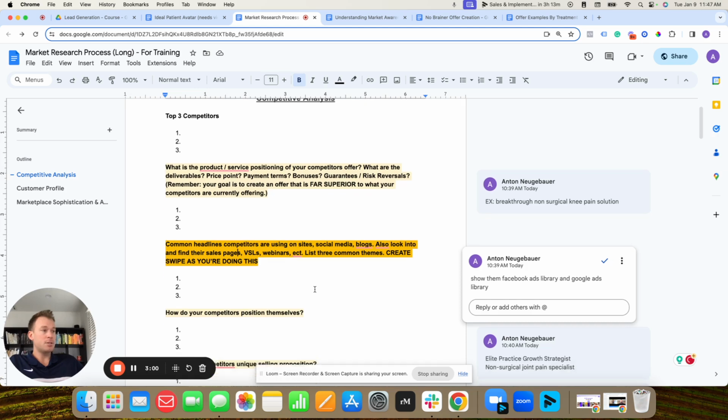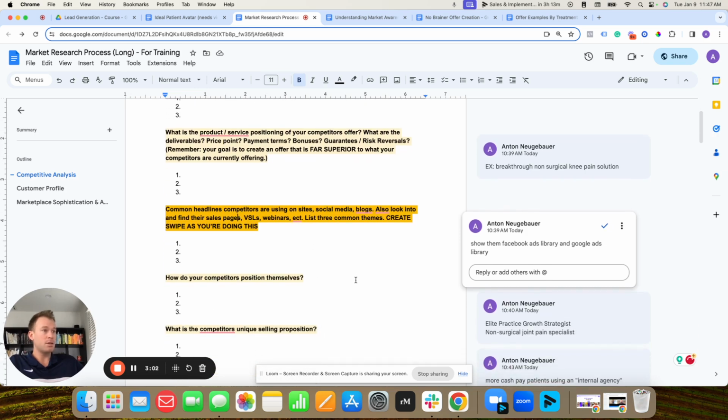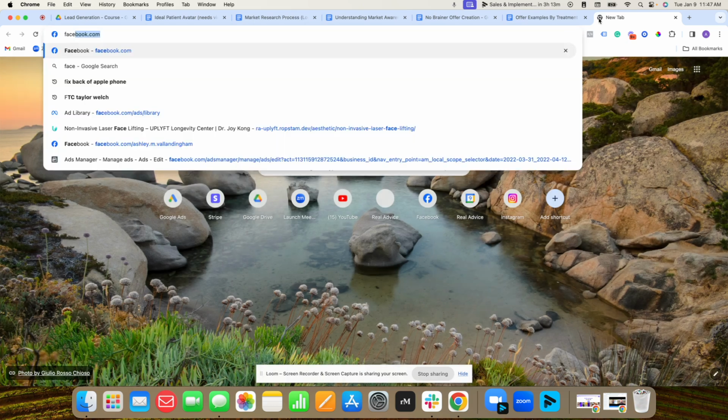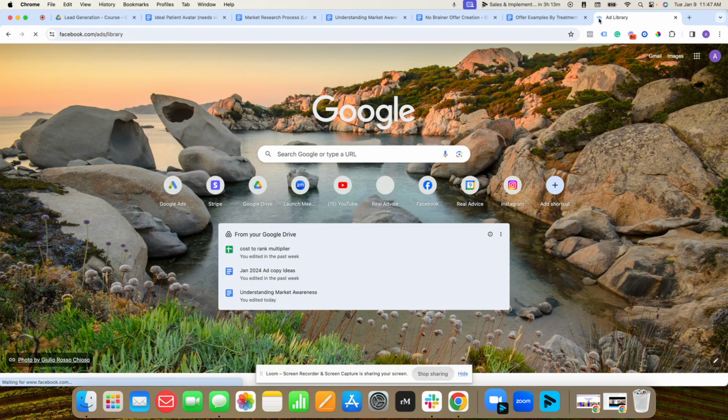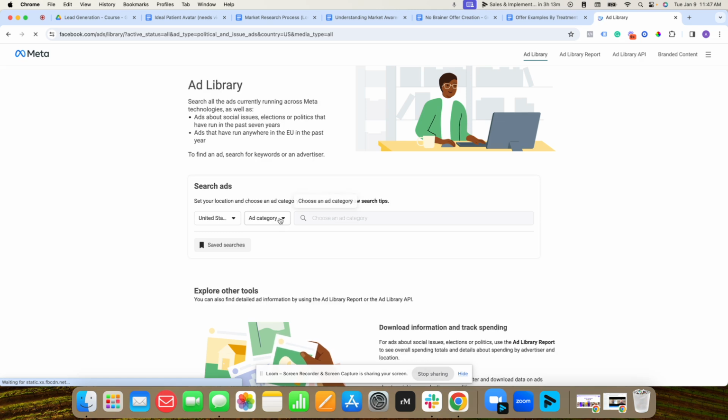Common headlines competitors are using on sites, social media, blogs, look into their sales pages. So this is just a little Jedi trick here. You can go to facebook.com/ad/library, and you can look at the ads of your competitors.